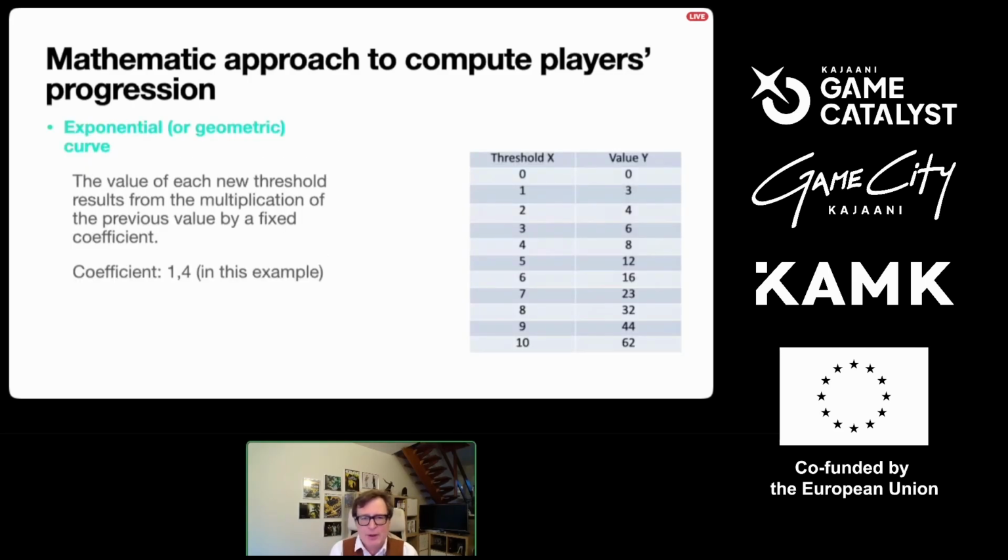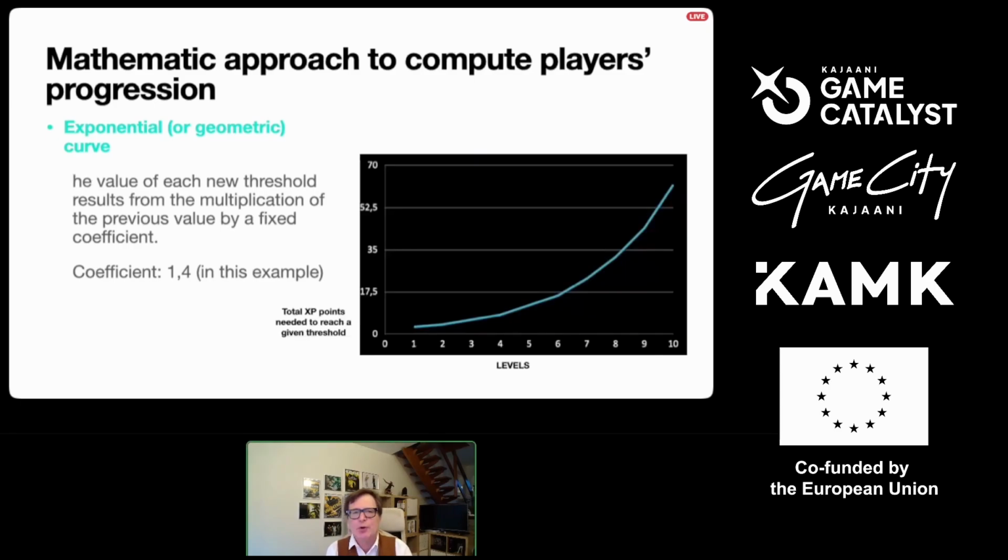Then we have what we call the exponential curve. Here, the value of each new threshold results from the multiplication of the previous value by a fixed coefficient. Like in this example, I multiply the previous value by a coefficient of 1.4. So that's the kind of curve we are getting. That's already more interesting, isn't it? It starts really slow, you don't need much XP to reach a new level, and then you need more and more.